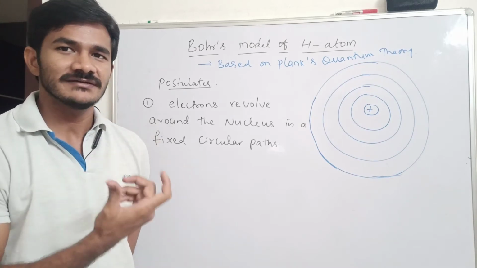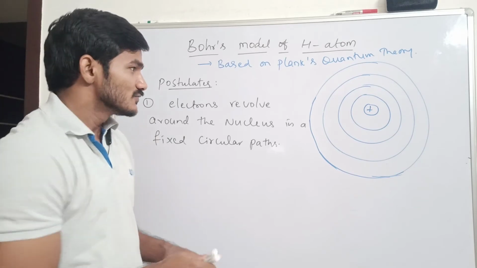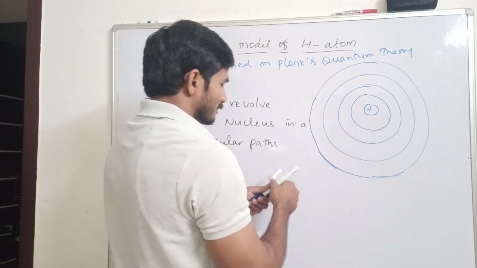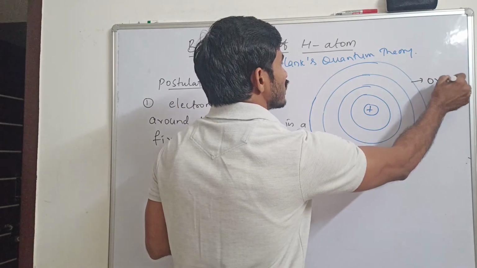Planets revolve around the sun, in the same way electrons also revolve around the nucleus. This fixed circular path he named an orbit.